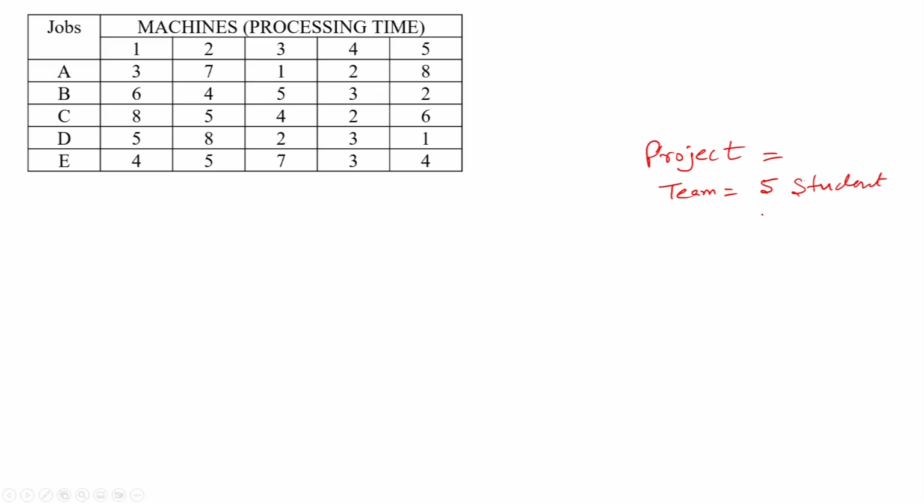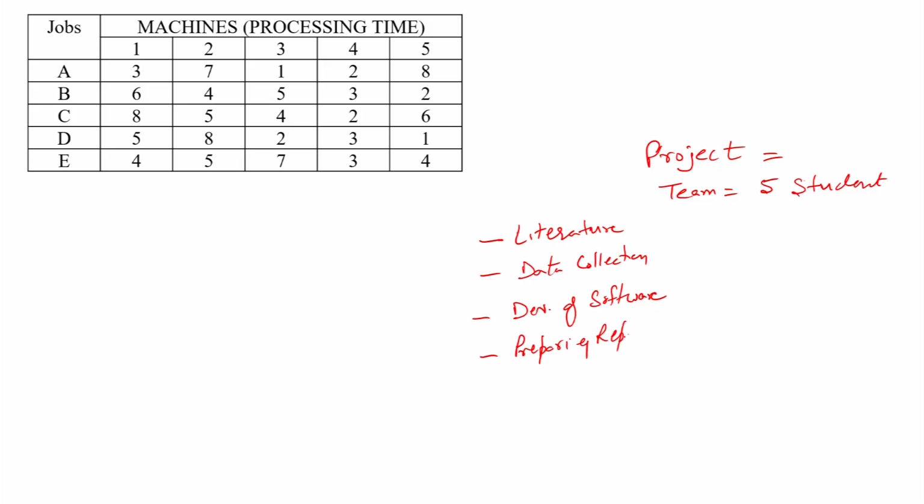You divide the total task into 5 activities. The activities can be literature review, data collection, development of a software, preparing the report, and preparing the presentation.